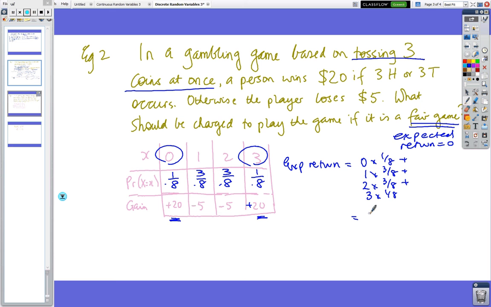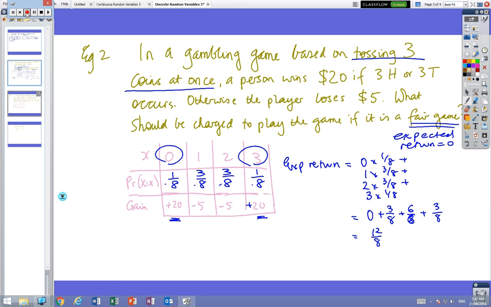So that's 0, 3, 6, and 3, which is 12 eighths, which equals $1.50.